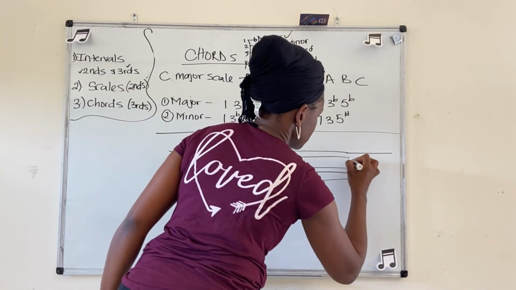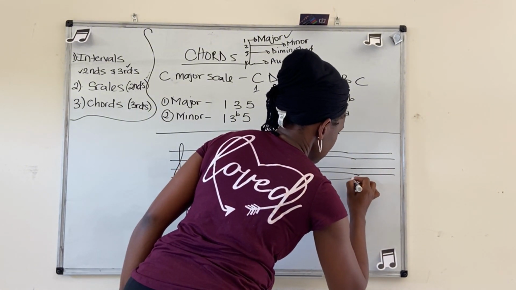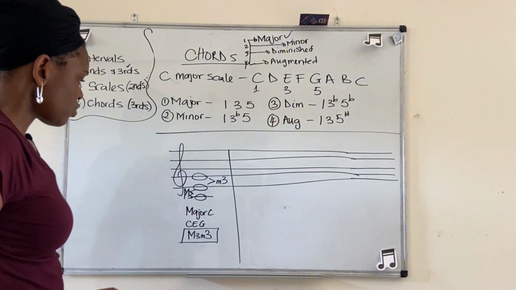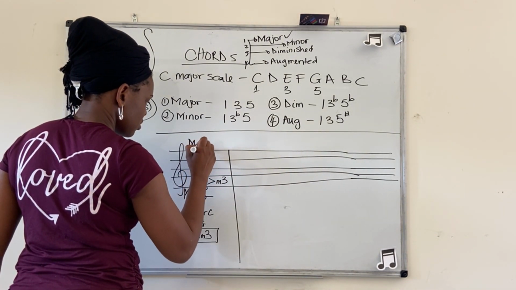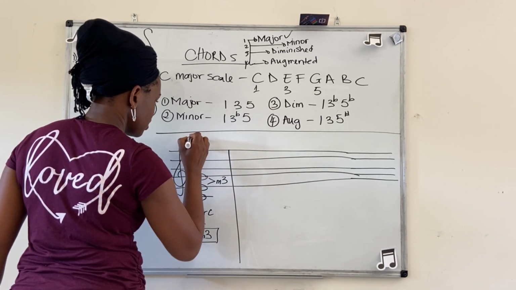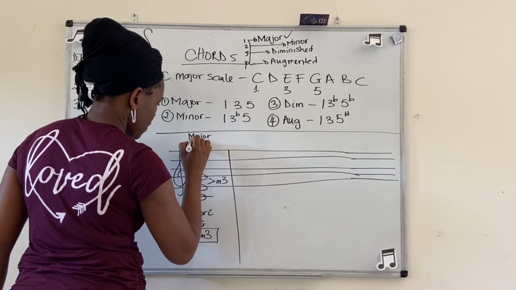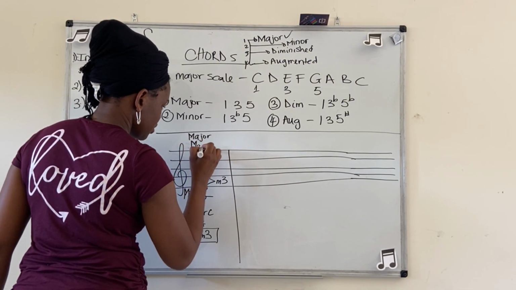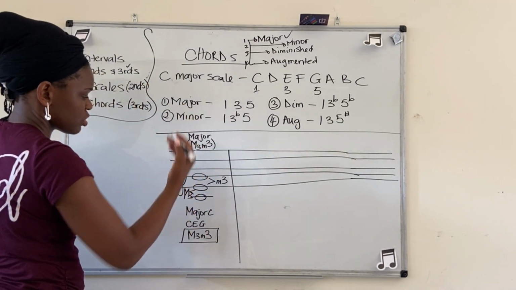I'm doing my best to explain as simply as I can. So this is for major chords. Major chord formula is major third and minor third, from bottom to top.